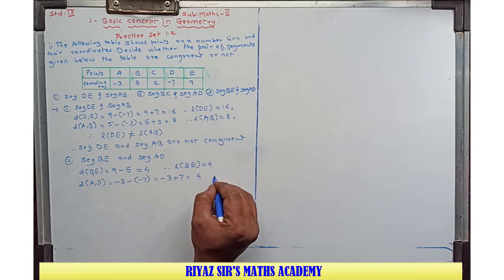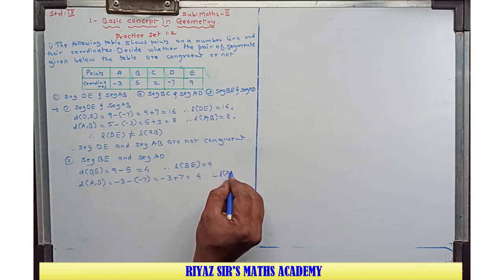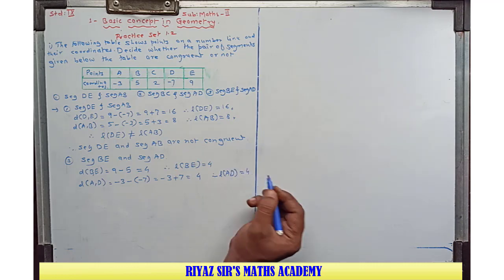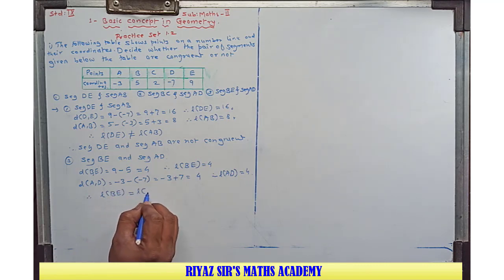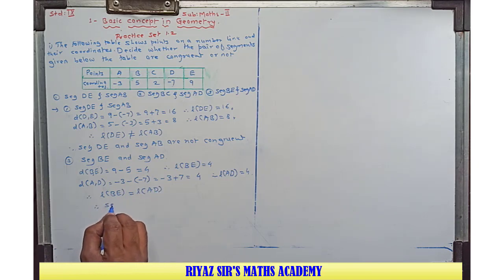Therefore length of AD is also equal to 4, and therefore we write here length of BE is equal to length of AD. And therefore segment BE is congruent to segment AD. This is the notation which is used for congruent, to show congruent segments. This is the congruent sign.